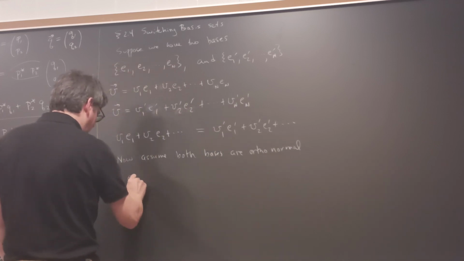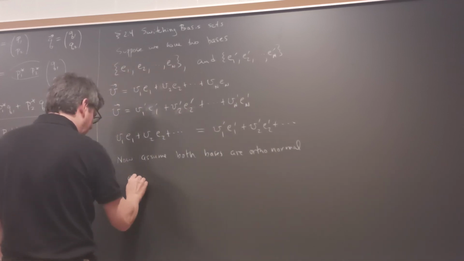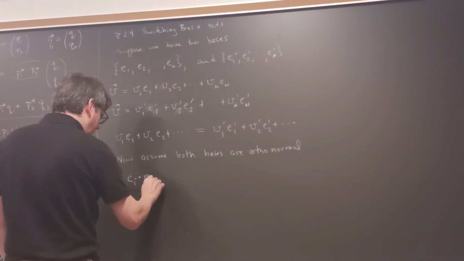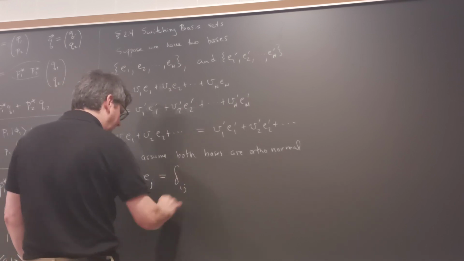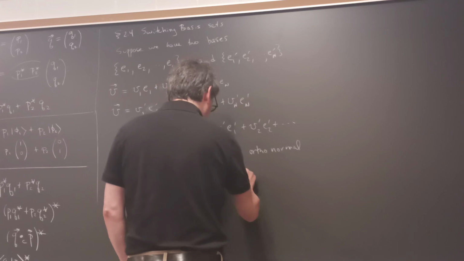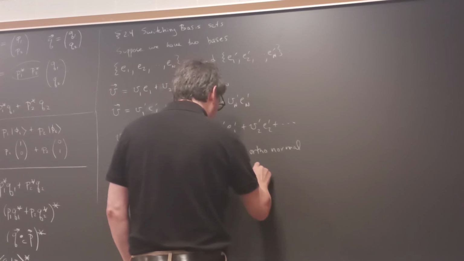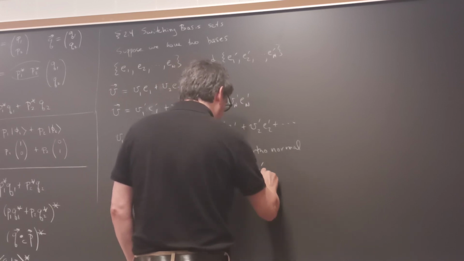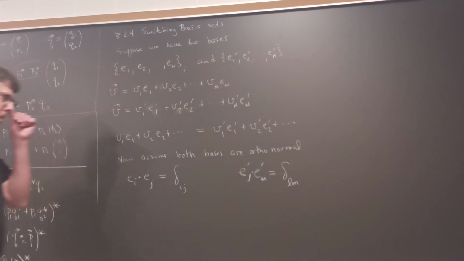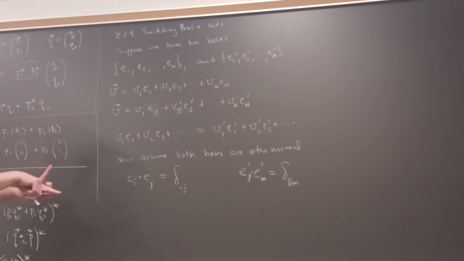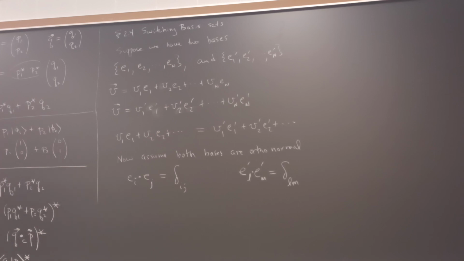So we have EI dotted with EJ is delta IJ, and E prime L dotted with E prime M is delta LM. That just means I have little basis vectors and they all form a nice rectangular array in n dimensions.